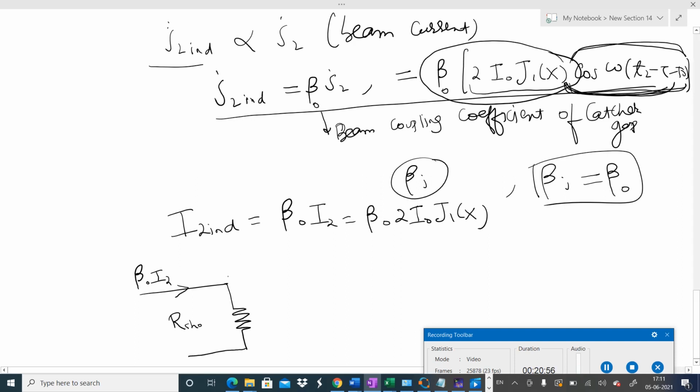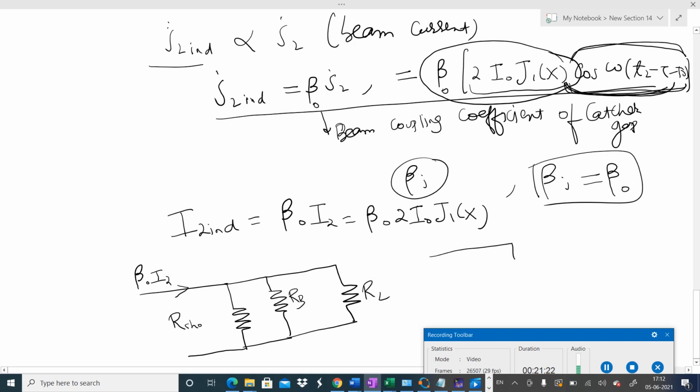Then there is another equivalent component, RB, the beam loading resistance, corresponding to the current beam formed because of the current modulation. And then we have the load, the RF output, modeled as the equivalent resistance RL.